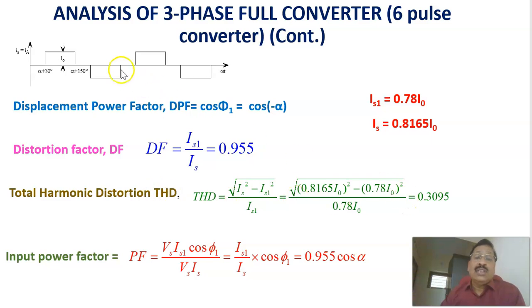So the total harmonic distortion for this waveform is 30.95%, the distortion factor is 0.955, and the displacement power factor is cos alpha. For example, if alpha equals 30, we substitute 0.955 into cos 30 to get the total input power factor.